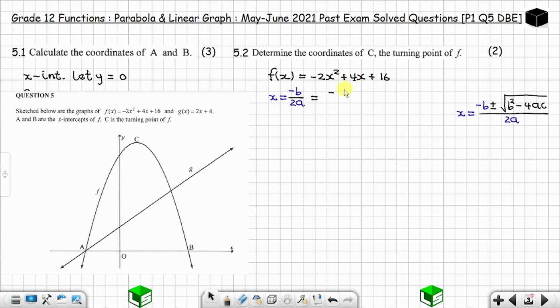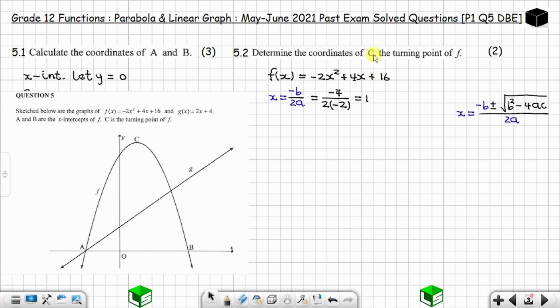There's your b, b is 4, over 2a. What is your a? There's your a, negative 2. So this is equal to negative 4 over negative 4, so the answer is 1. This is the x coordinate of the turning point.